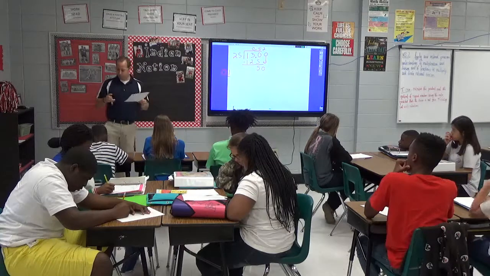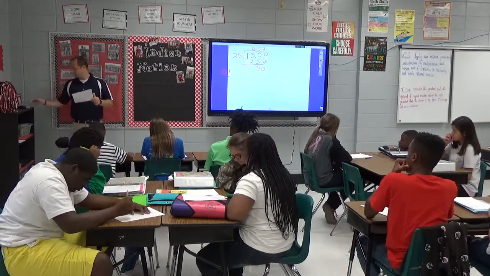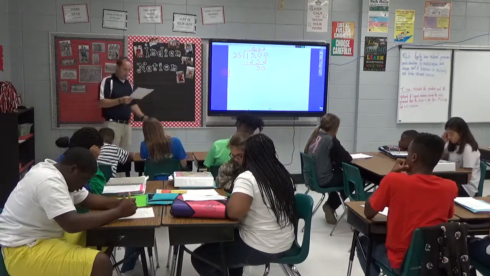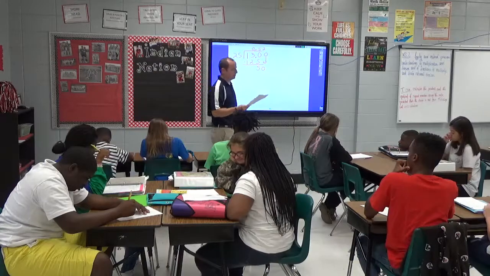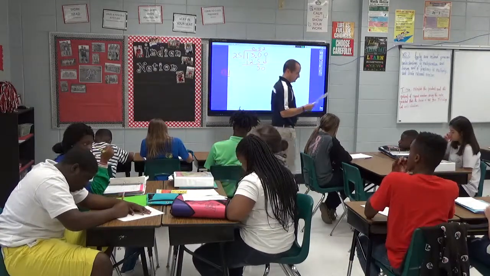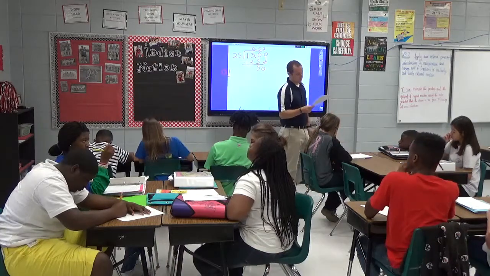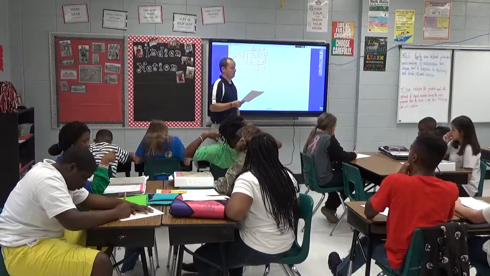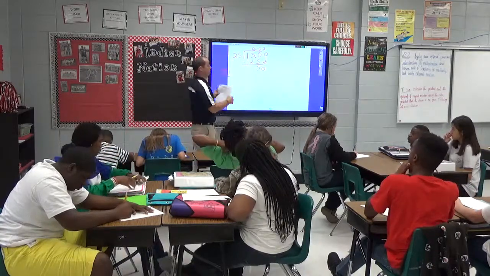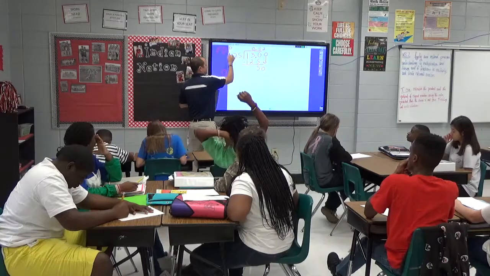All right, number 12. Tucker. They gave us 20.8%. What is our decimal going to be? All right, look up here at our letters. Fraction, decimal, percent. They gave us percent.